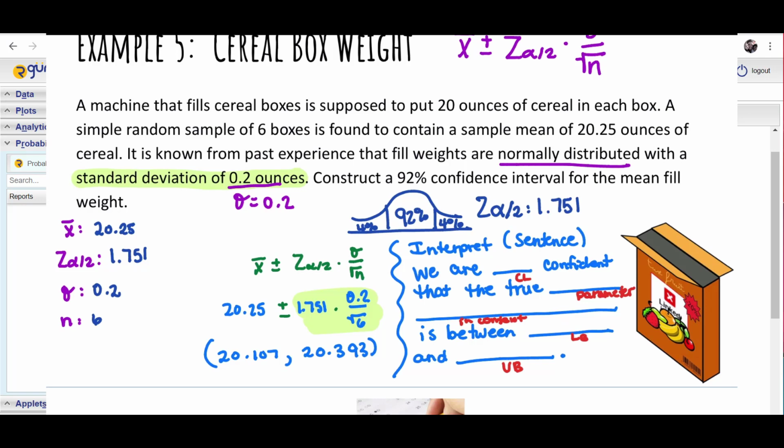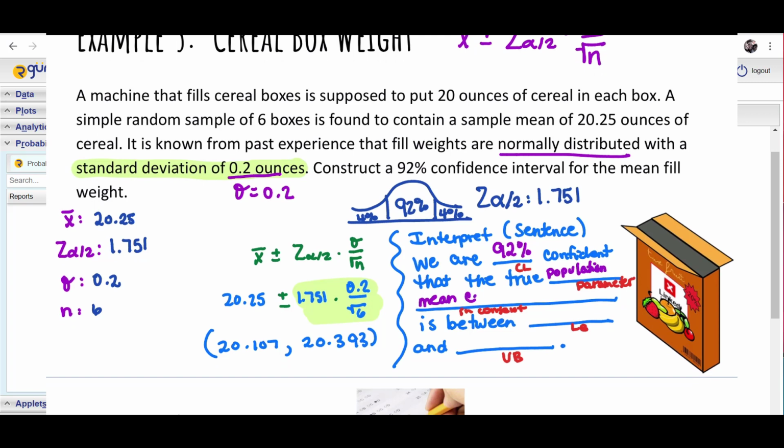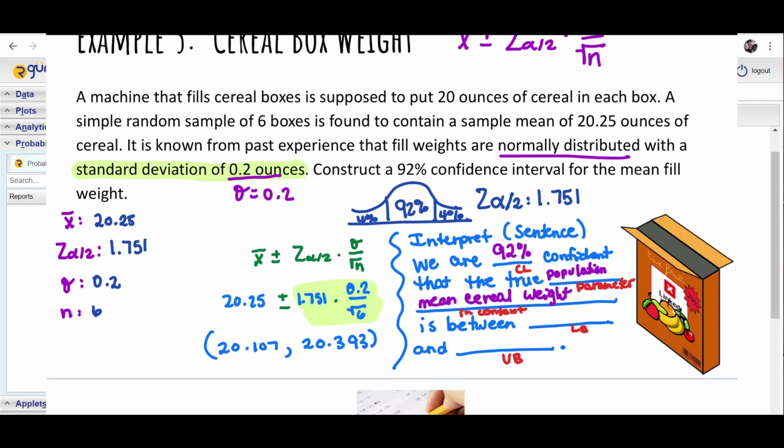So in this case, we are saying we are 92% confident that the true population mean, and then in context, it would be serial weight, is between 20.107 ounces and 20.393 ounces. So you also want to make sure that you give units. So the sentence is basically the same for every confidence interval.